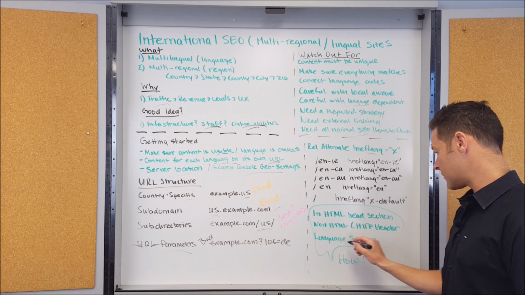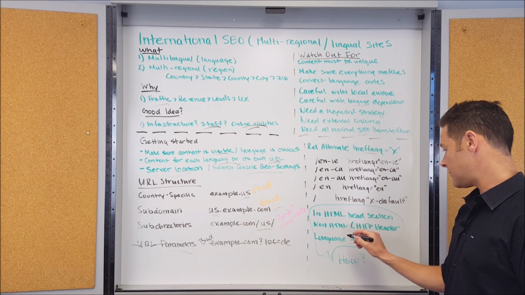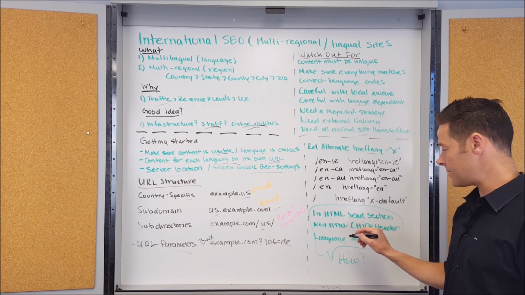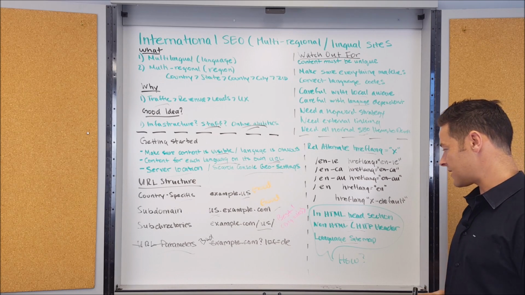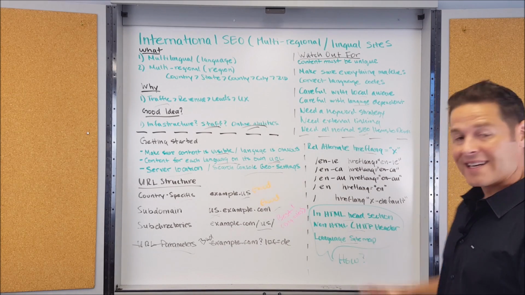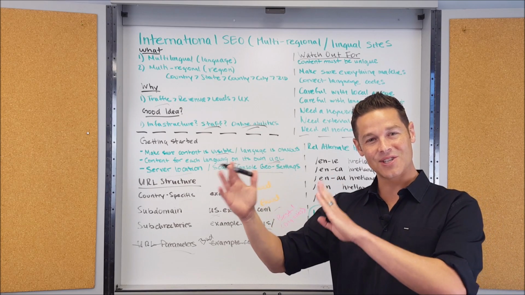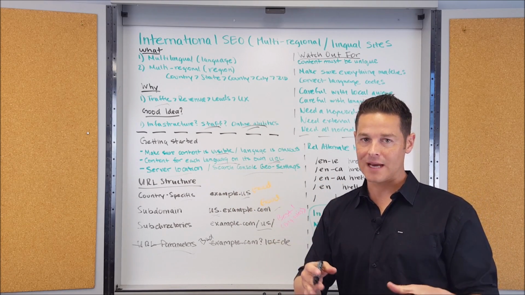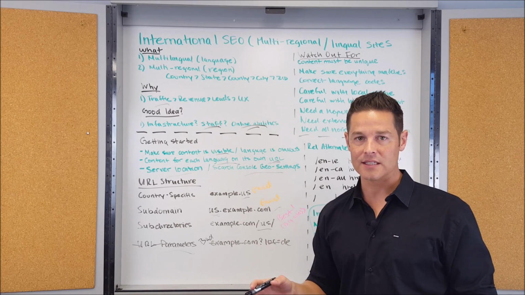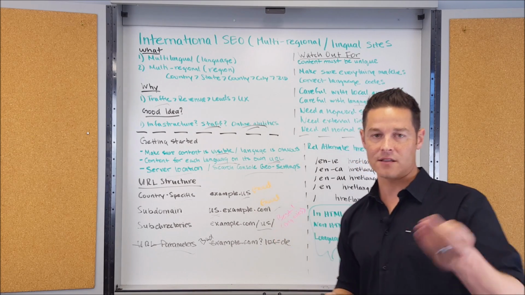You can do a language sitemap. You can put it in the HTTP header, but only for a non-HTML page. For HTML pages, you can put them in the head section. Generally, the HTML head section is your best option, but the sitemap is, I think, the easiest because you just generate the file and push it live.